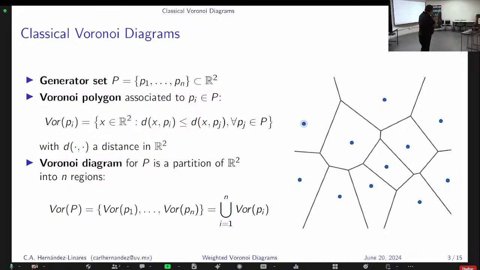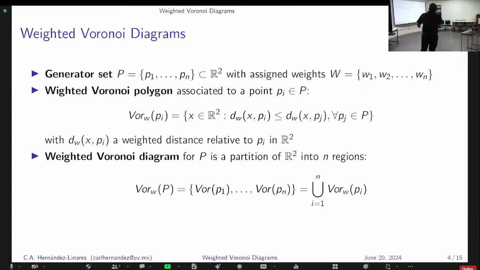There are some differences with weighted Voronoi diagrams. Also, we need a generator set, but adding assigned weights W1 to Wn, and in a similar way we define the weighted Voronoi polygon, but now this is not the set of all nearest points to Pi.